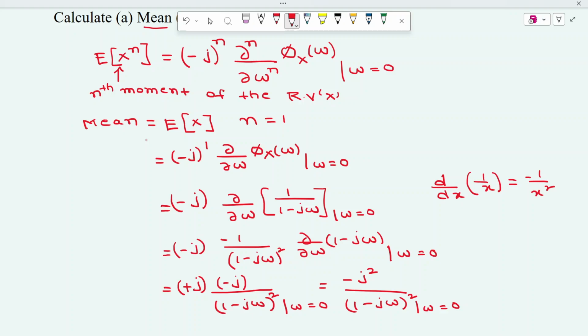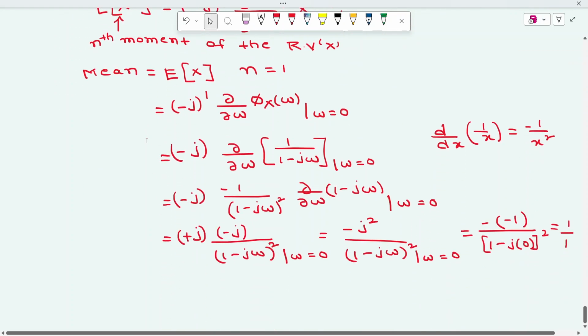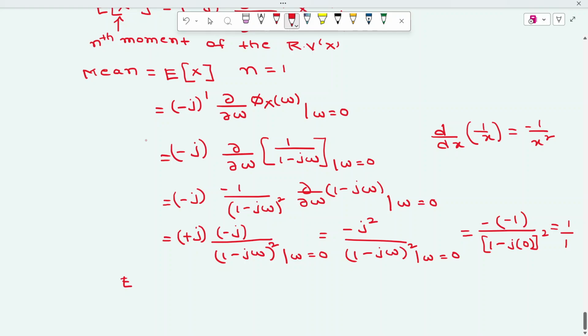Substituting omega is equal to 0, j square is minus 1, so minus into minus 1, over (1 minus j 0) whole square. Minus into minus, it will be 1 divided by 1. So what is expectation of x? Expectation of x from the characteristic function is 1. That is the mean value. Expectation of x is nothing but the mean value.